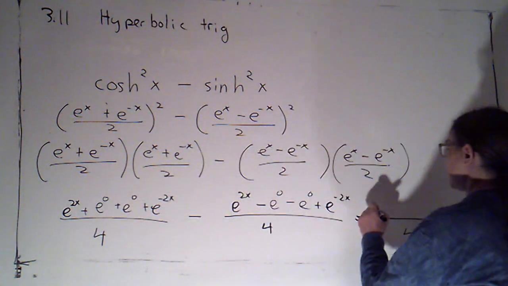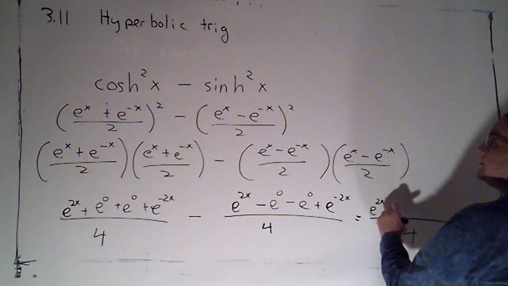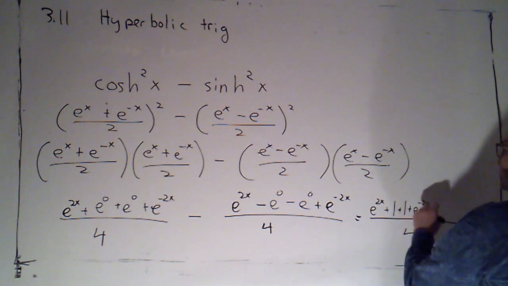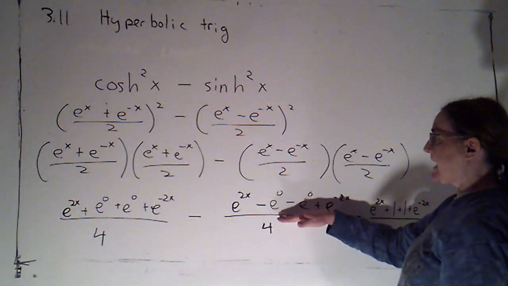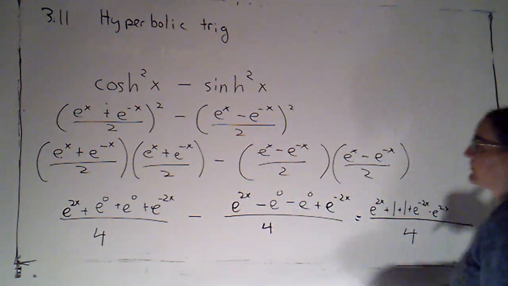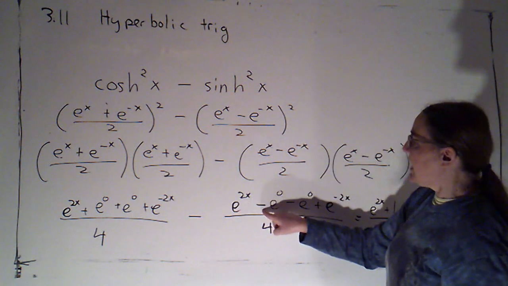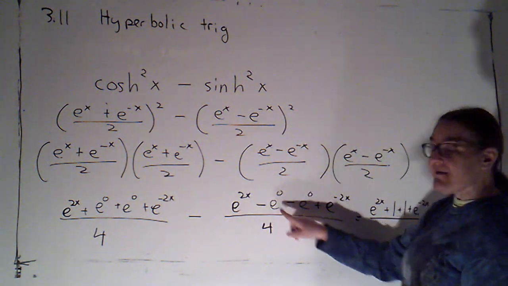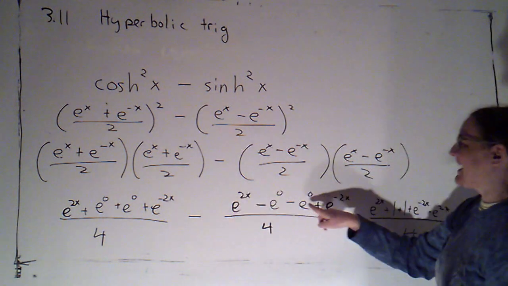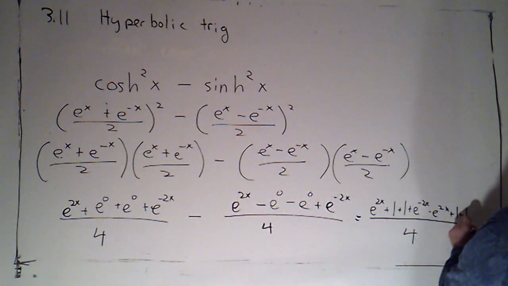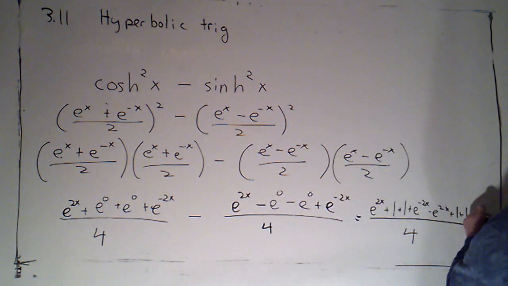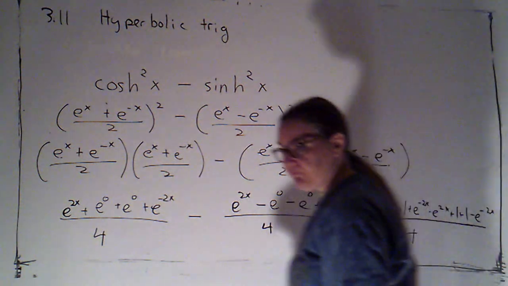So from the first fraction, we have e to the 2x plus 1 plus 1 plus e to the negative 2x. From the second fraction, I'm subtracting e to the 2x. I'm subtracting a negative 1, so I'm adding 1. I'm subtracting a negative 1, so I'm adding another 1. And then I'm subtracting e to the negative 2x.